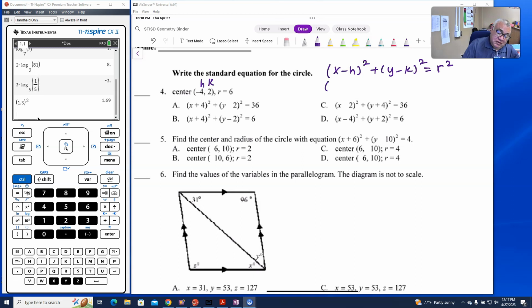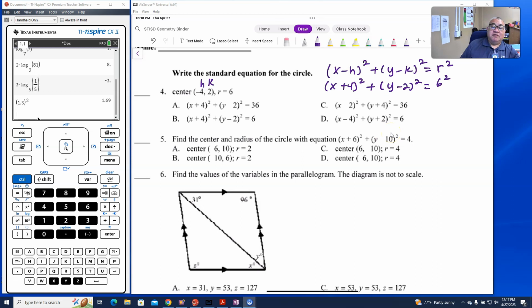So it's x minus a negative 4, so it's x plus 4 squared plus y minus 2 squared. Now here's where a lot of students make a mistake. The radius, they just say 6, but you have to square it. And 6 squared gives you 36.